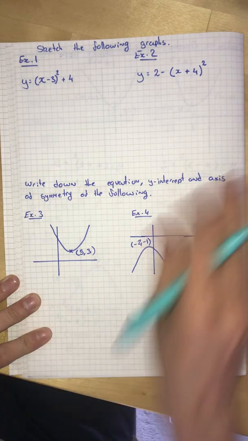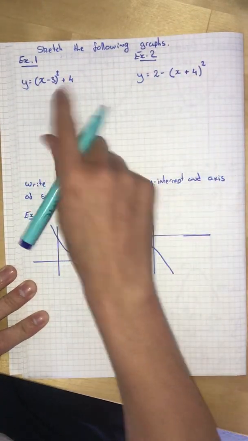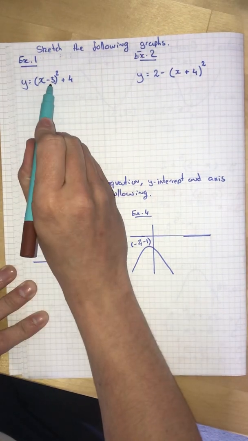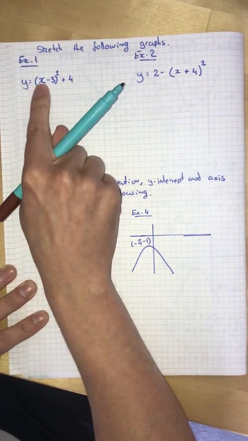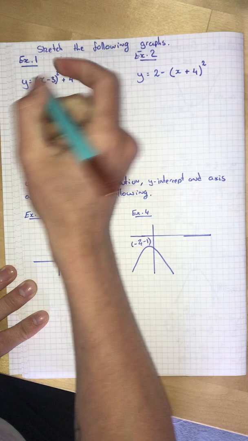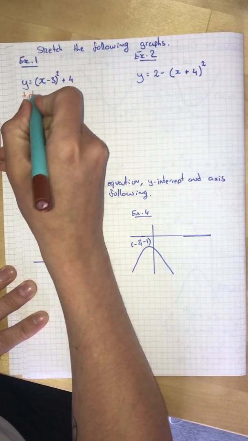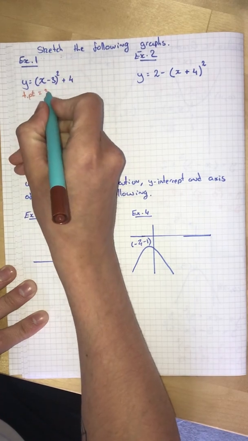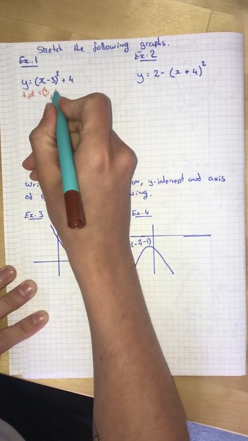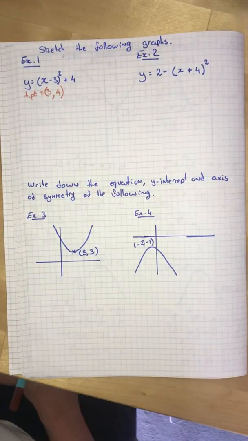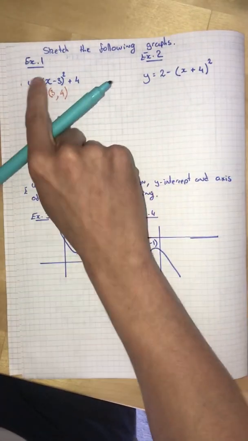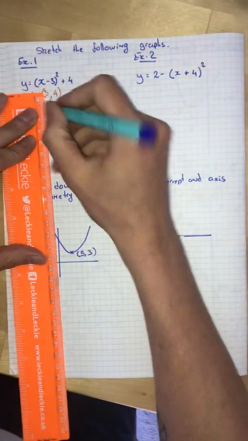Okay, so first thing we need to work out is what is going to be the turning point. So we look here, remember we changed the sign of it. So turning point will equal, change the sign of the x, keep the y the same.